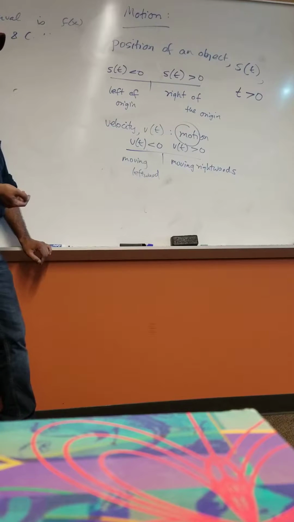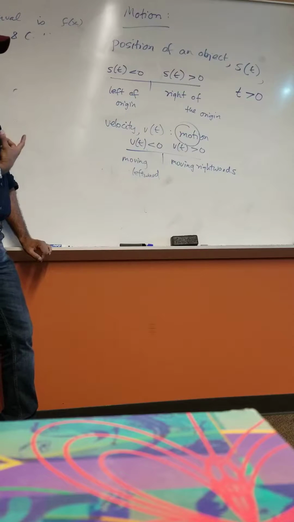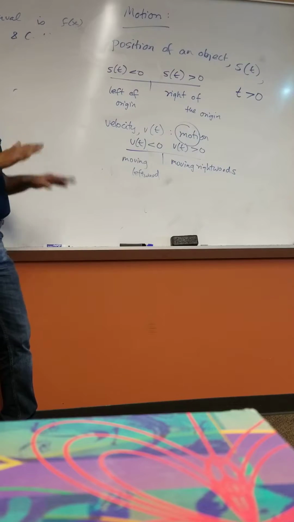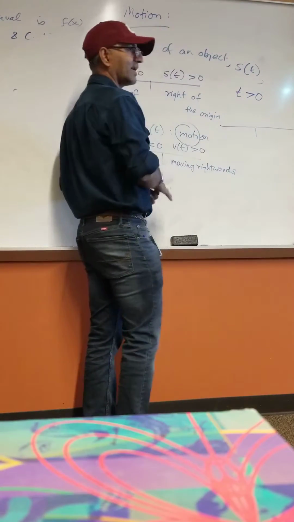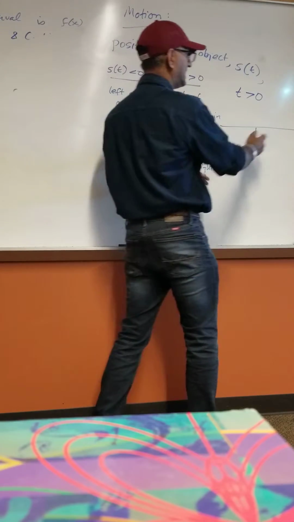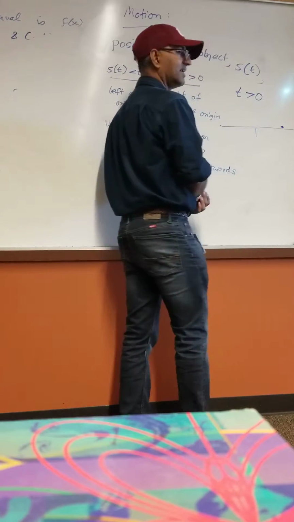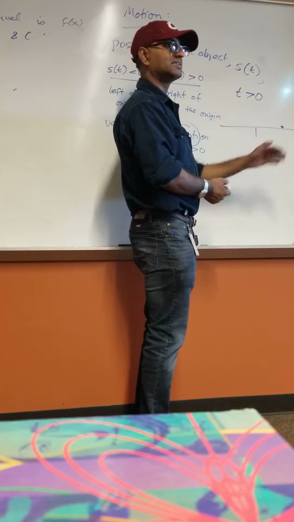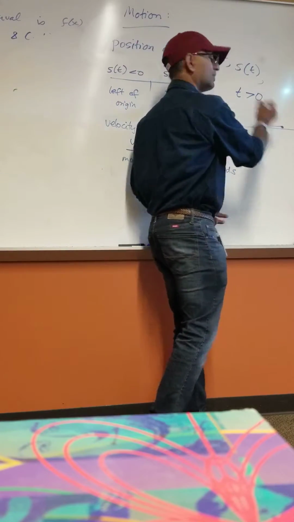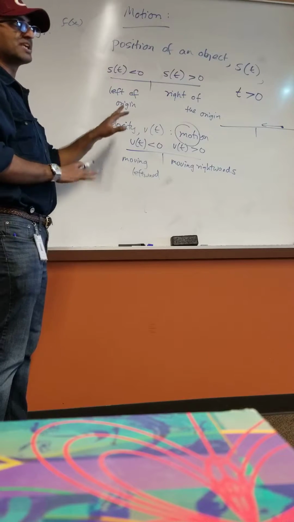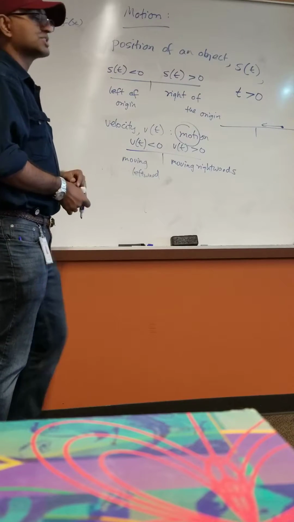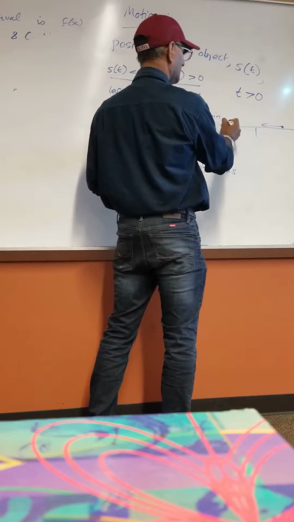Students who are not paying very close attention think they're the same things. They're not the same things. Look at me, please. You don't need to write this. Can the object be here? Is that positive position? But moving leftward? Do you understand that? Position and velocity are two different ideas. Likewise, could the object be here, left of the origin?